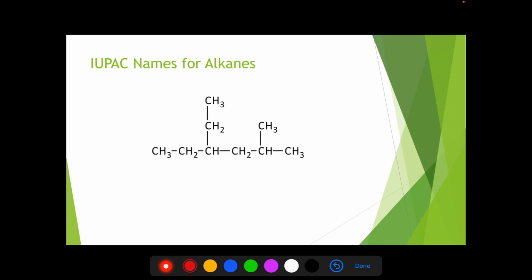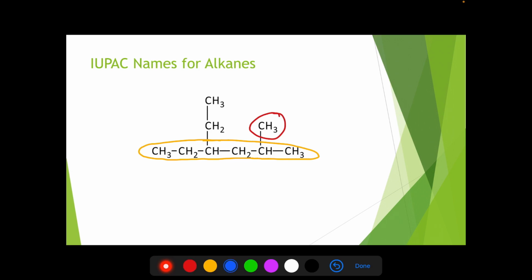So let's take a look at this. First of all, step number 1, I need to find the longest carbon chain. 1, 2, 3, 4, 5, 6. It really doesn't matter which of those I circle because they're all actually going to be the same. So I'm just going to circle this one. Then I like to circle my substituents.